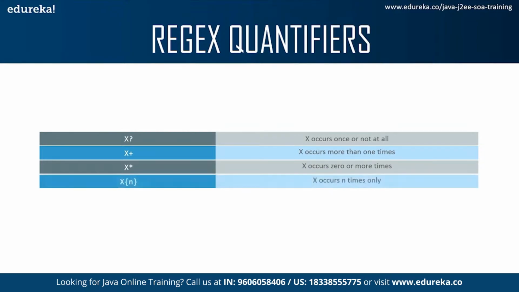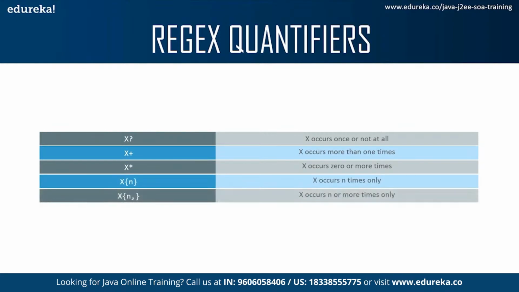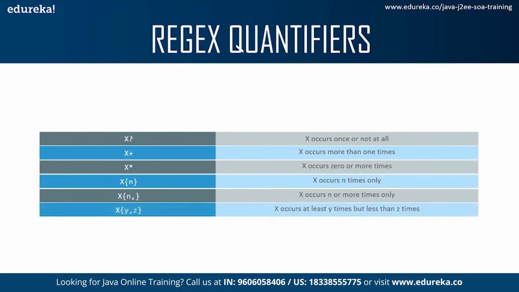If you have X followed by N within curly braces, it implies X occurs N times only. If you have N with a comma, it implies X occurs N or more times. And if you have parameters like Y, Z, it implies X occurs at least Y times but less than Z times. So these are the various regex quantifiers, and let's see how this works.